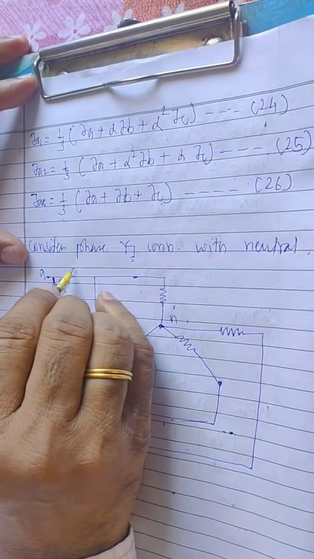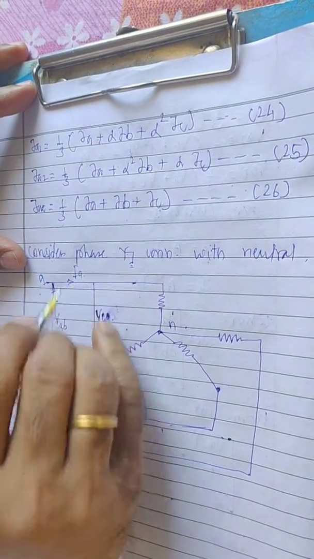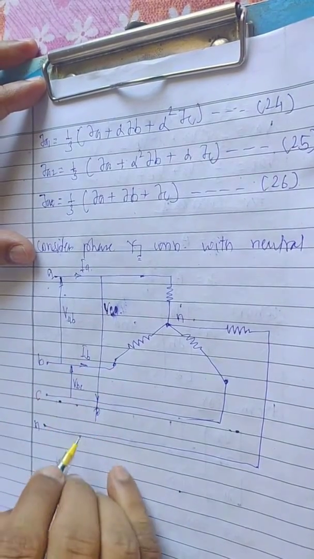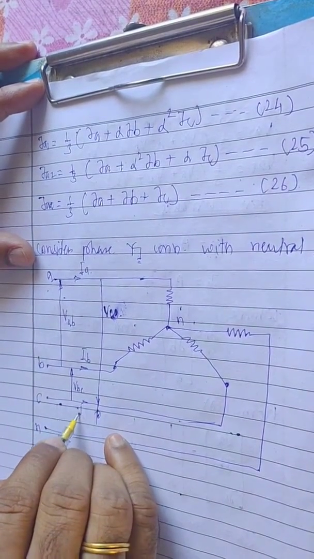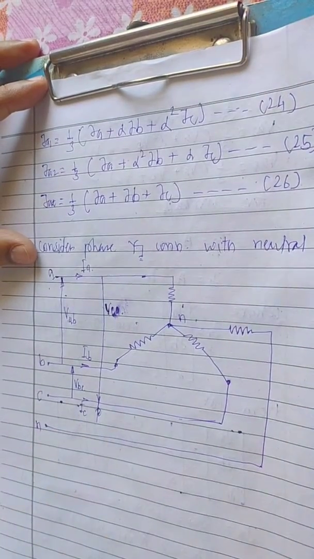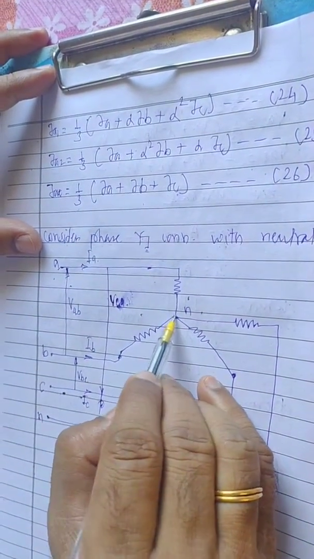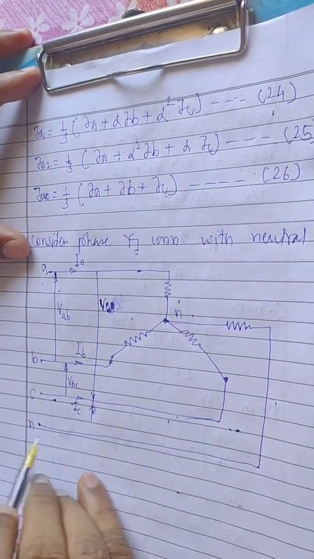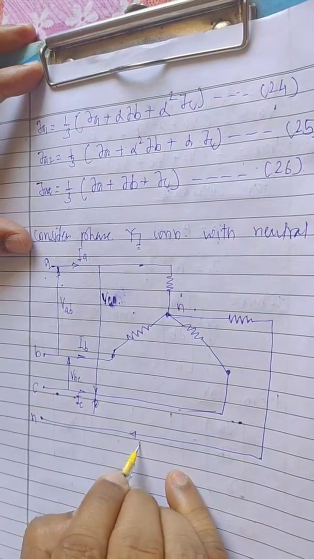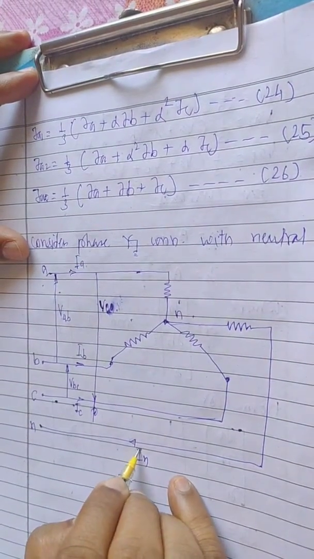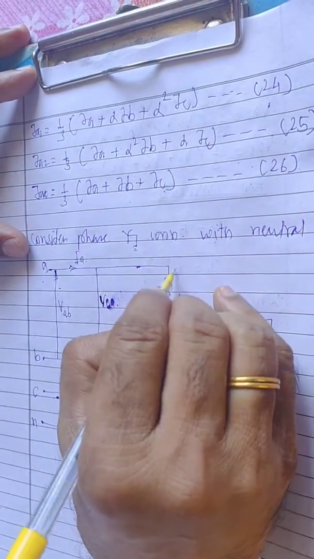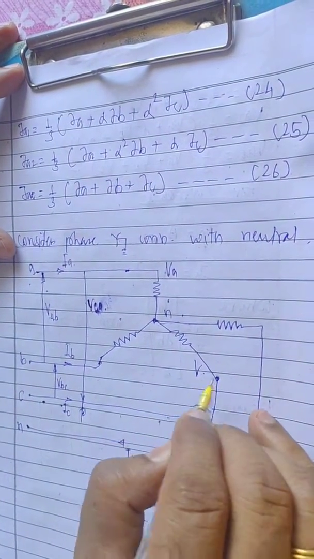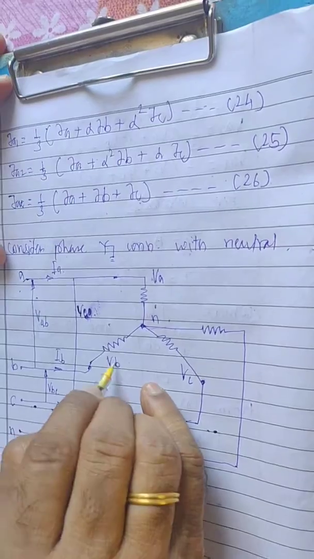Now the current through phase A is IA, that of phase B is IB, that of C is IC. These currents enter the neutral, and the neutral provides a return path to the current, and this is the neutral current IN. This is VA, VC, this is VB.